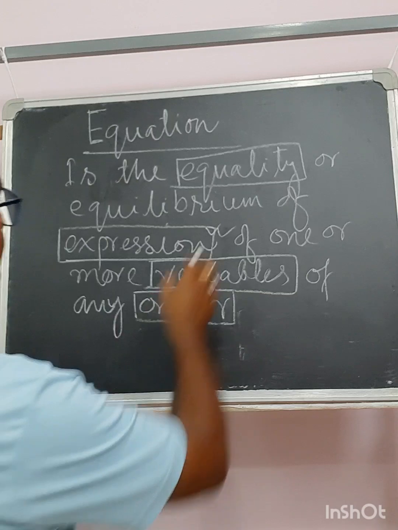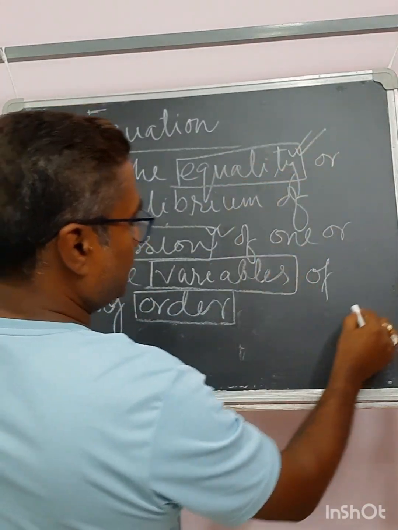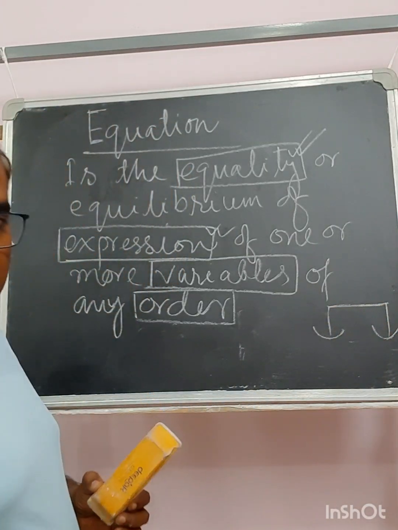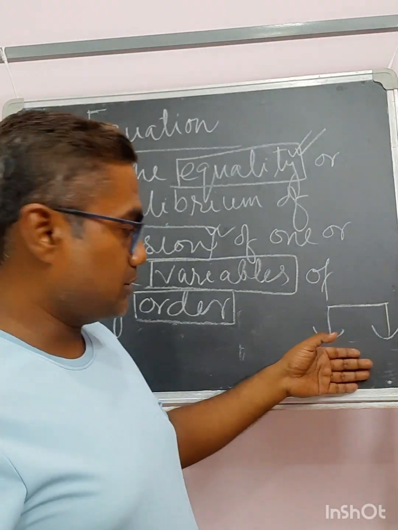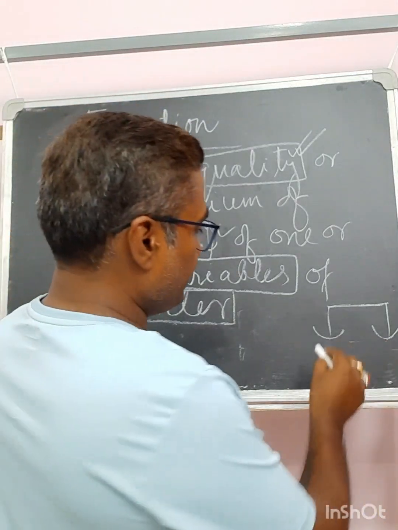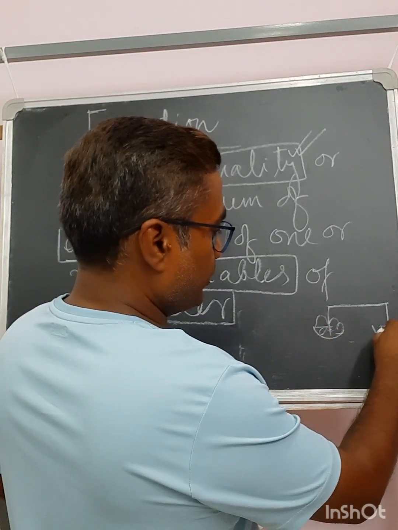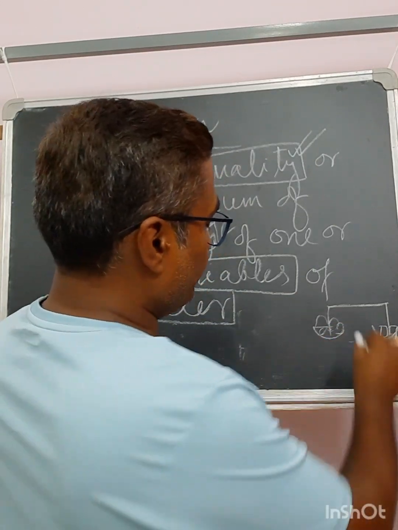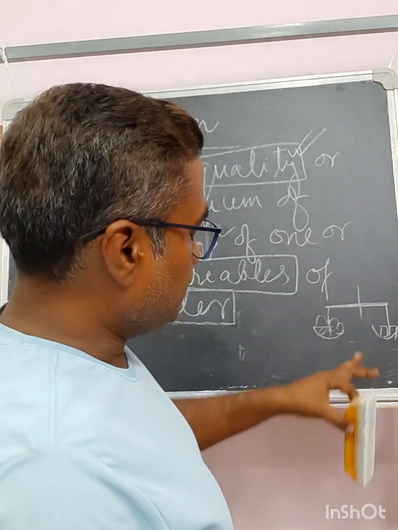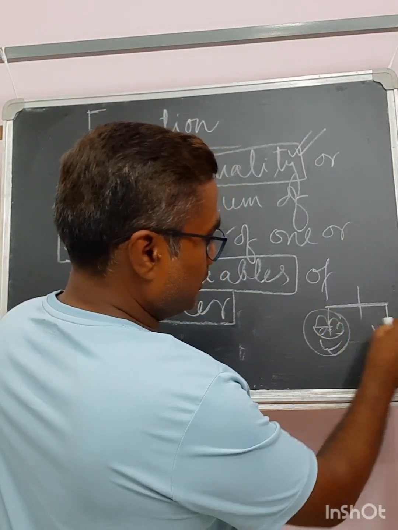First comes equality, which I have already explained, so you have understood this. Equality is nothing but the equilibrium when you put some load on your balance, which in general terms is called a balance. In shops, you put some material on one end and a standard weight on the other end, and when the arm is in equilibrium, that is totally horizontal, then you can say weight wise this is equal to this.